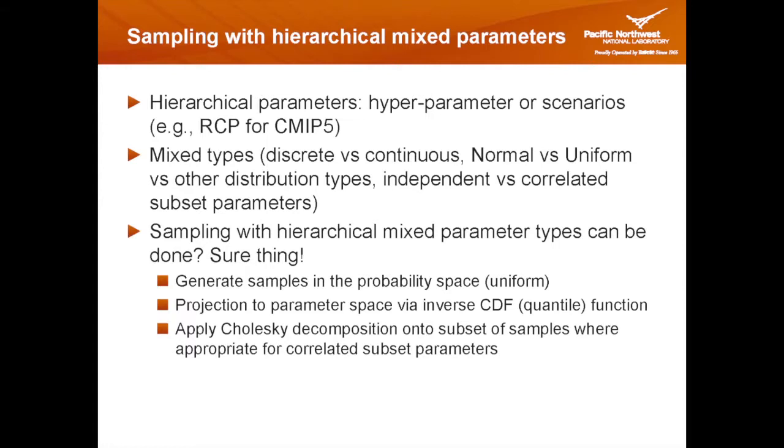So you have 10 scenarios. For each scenario, you were planning to sample all other parameters given each scenario. Actually, you can also sample the scenario at the same time. So that's what I call the hierarchical parameters. You don't really need more samples by adding scenarios in the sampling design.